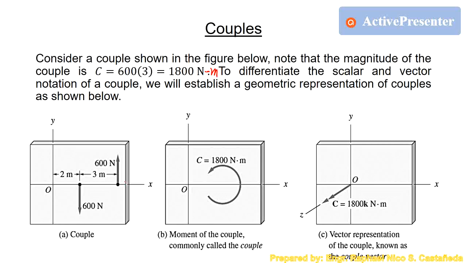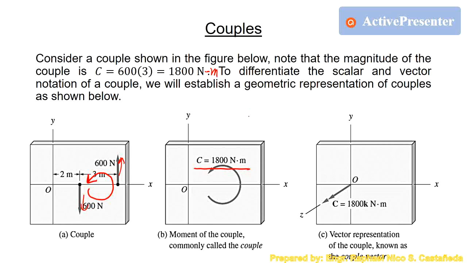As you can see, the scalar representation is something like this because it is counterclockwise. The sense is based on the forces: this one is going upward, this one is downward, so its effect is counterclockwise.